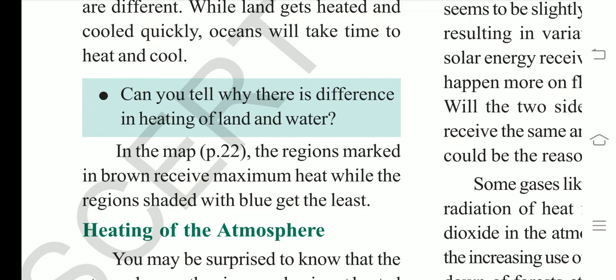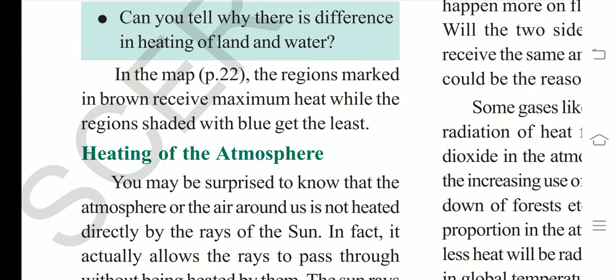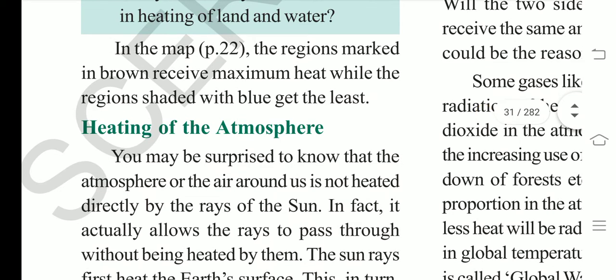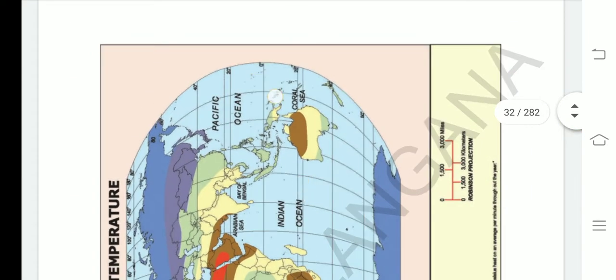If you look at page number 22, you will understand that different colors are given for different places on the continents to show how much temperature is there and why we have temperature differences at each place. Look at this, my dear students.